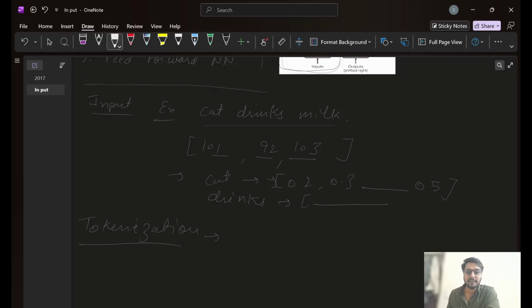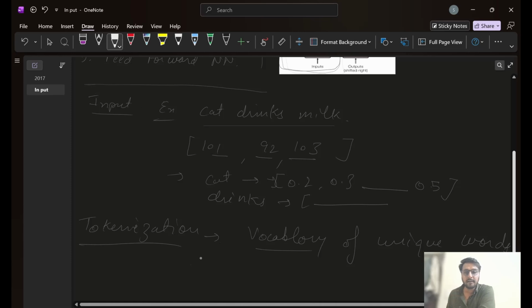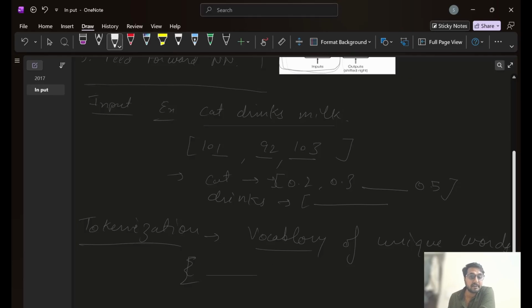In training of these large language models, we create a vocabulary of unique words. Let's suppose we have 1000 unique words. We are creating a dictionary, like the dictionaries in Python. We take all the unique words in our text data.